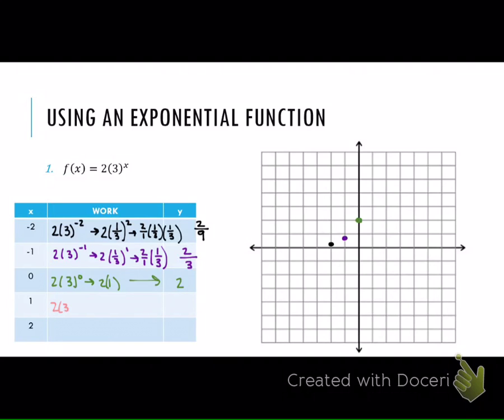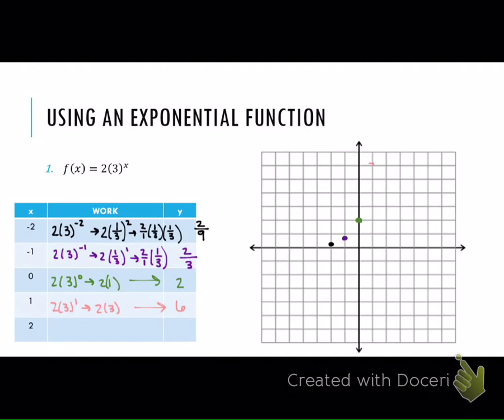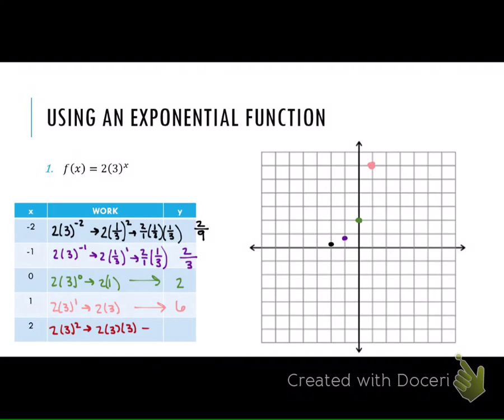2 times 3 to the first power. Anything to the first power stays itself. So 2 times 3 is 6. So that's 1, comma 6. And then finally, 2 times 3 squared. 3 squared is 3 times 3, so that's 2 times 3 times 3. 3 times 3 is 9, and 9 times 2 is 18.